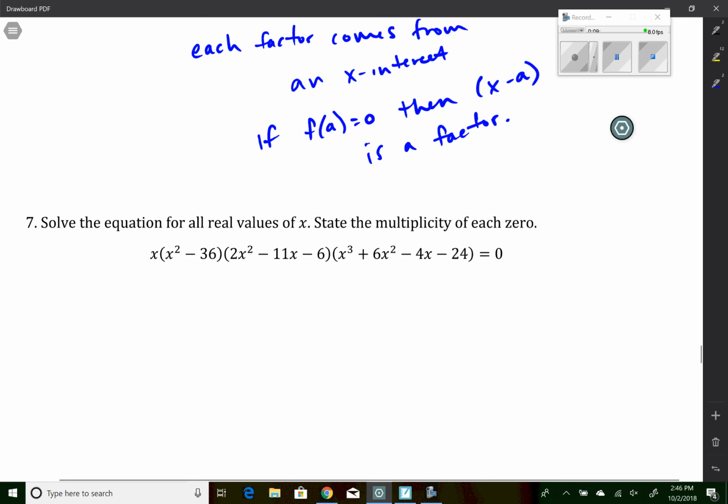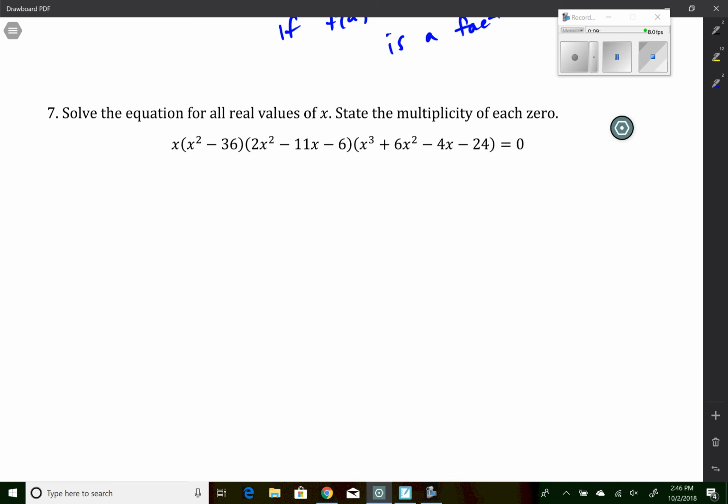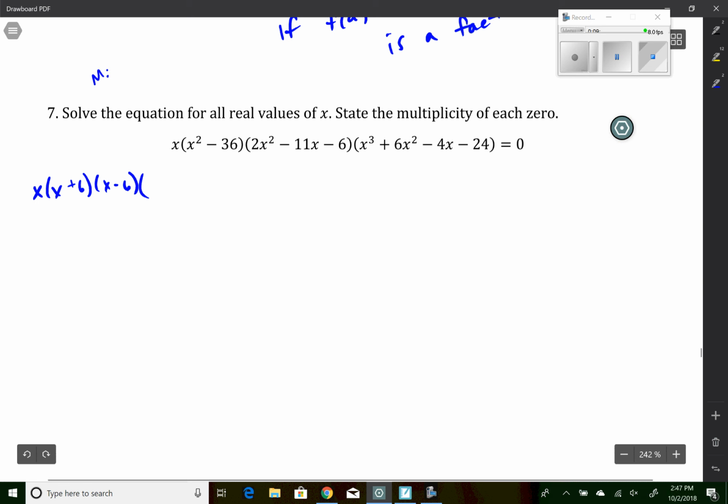Number 7 is like a great quiz or test question because it really tests on all of the actual factoring methods you should know. So for the first parenthesis, that should factor to x plus 6, x minus 6. For the second one, this is where we use that AC method. So it multiplies to make -12 and adds to make negative 11.